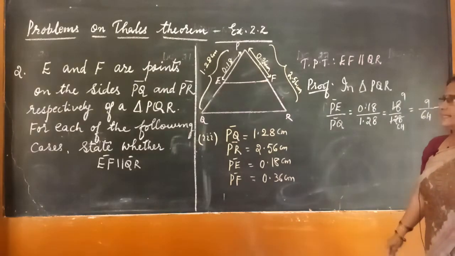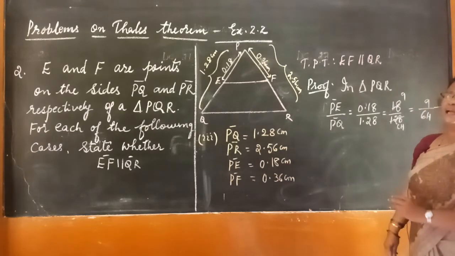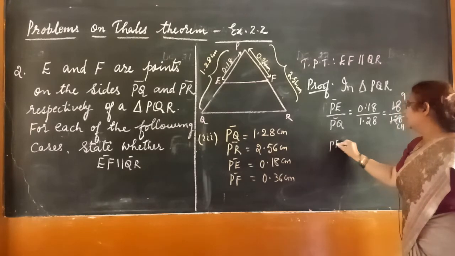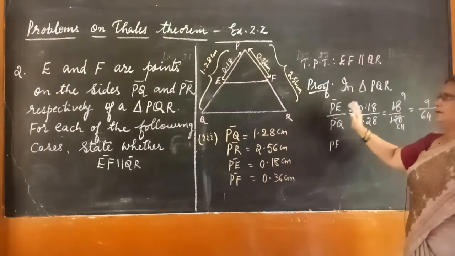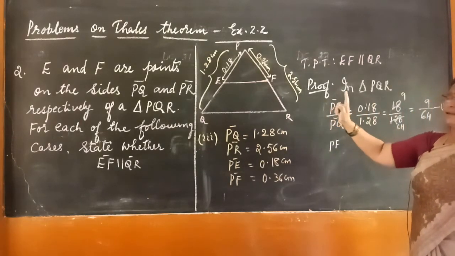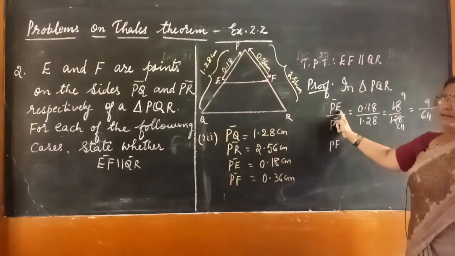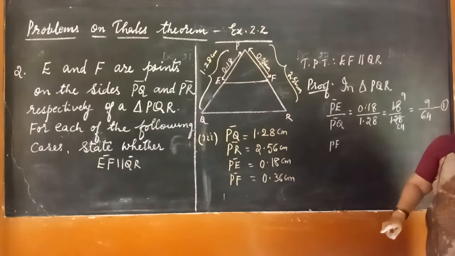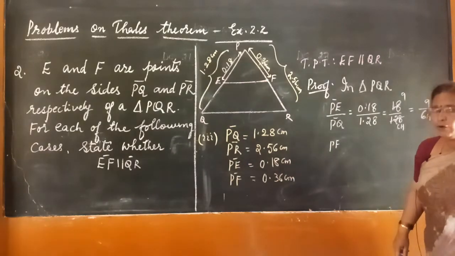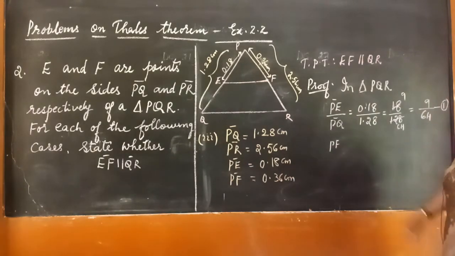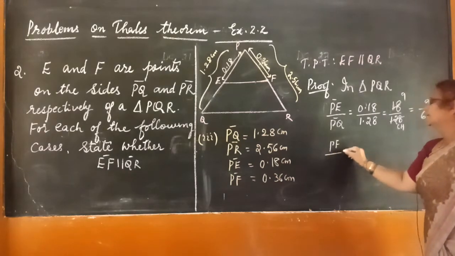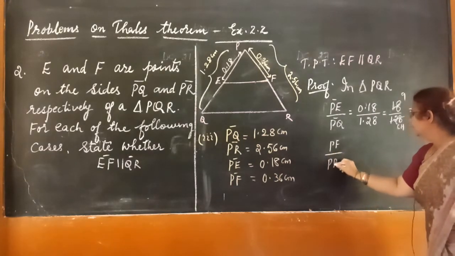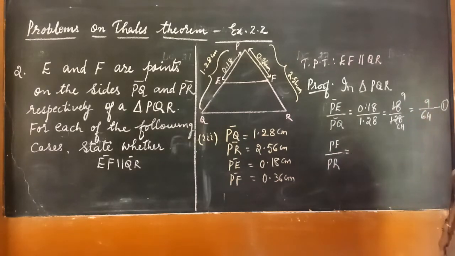Now, the other side's ratio. First, the newly formed triangle side is PF. Look at here, children, when you take the side of the new triangle formed in the numerator, in the second ratio also you have to go in the same order. You have to take the side of the newly formed triangle. You cannot interchange. PF and the corresponding side of PF is PR. Let me simplify this ratio.